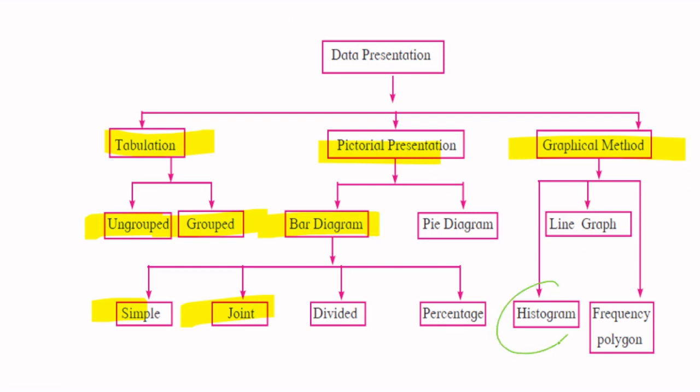We have to learn histogram, frequency polygon, and pie diagram. So these three things we are going to cover in your syllabus. In the upcoming practice sets we will be solving and understanding how this should be done. So keep focus, then let's see how we can do this kind of analysis.